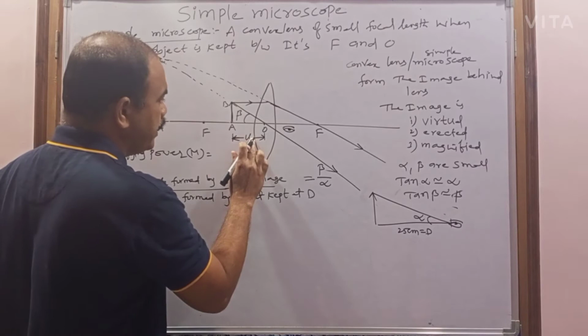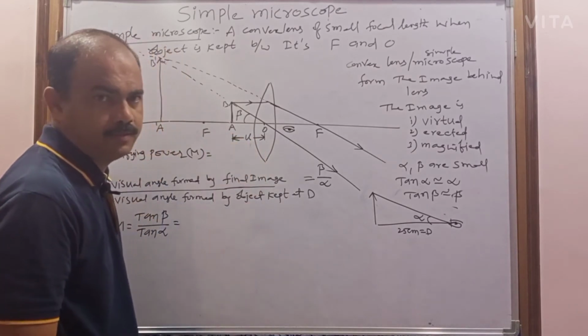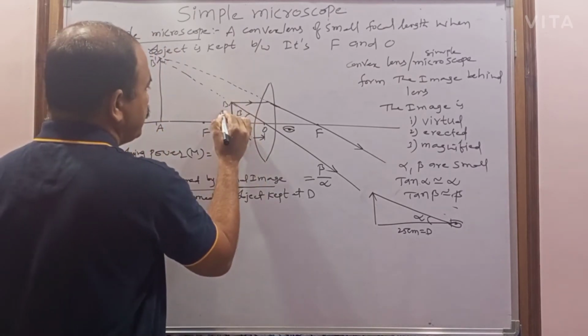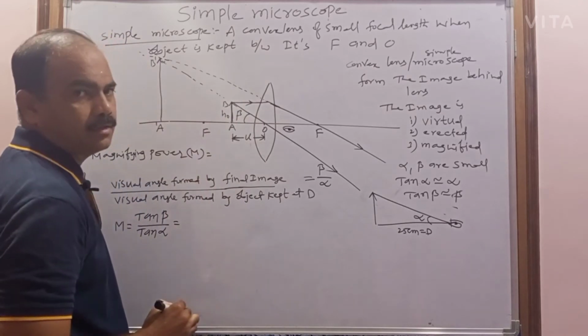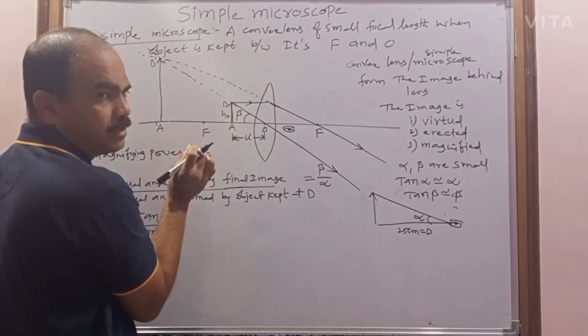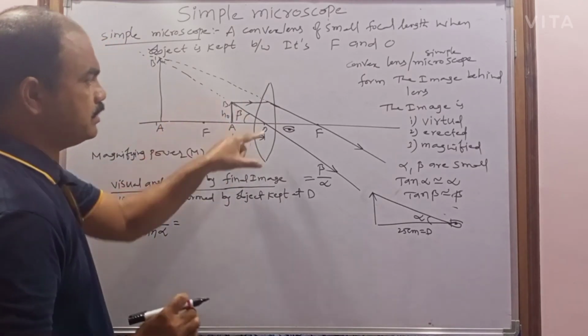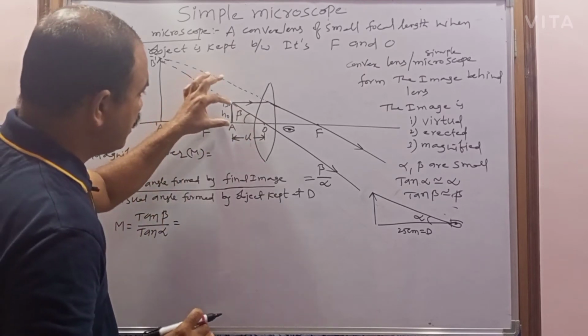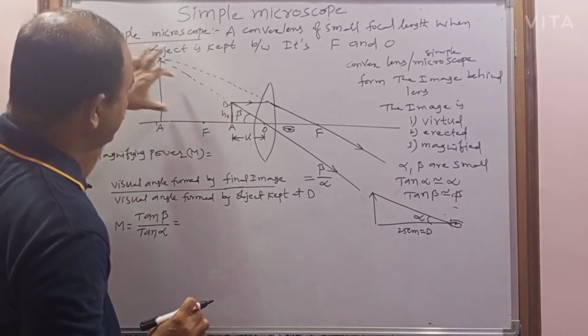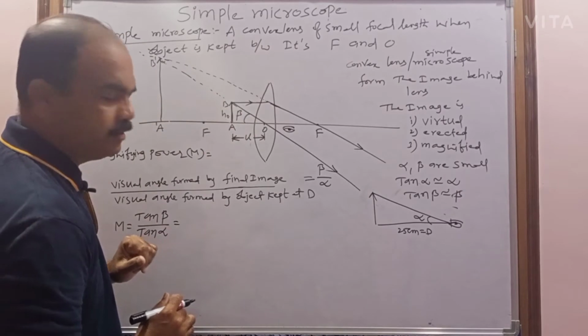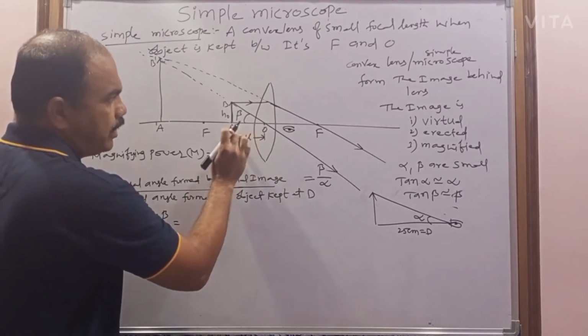This is the height of the object, h naught. So you know u and h naught. That is why I am taking this triangle OAB.